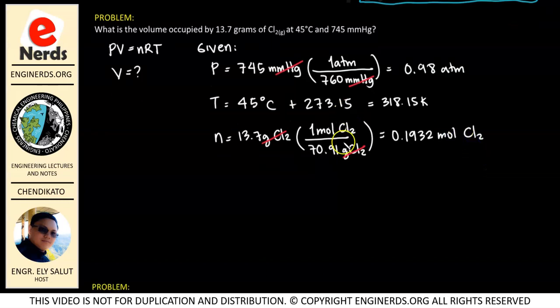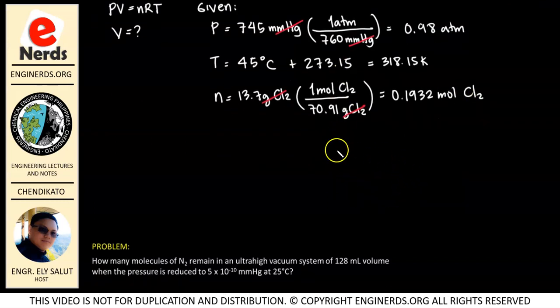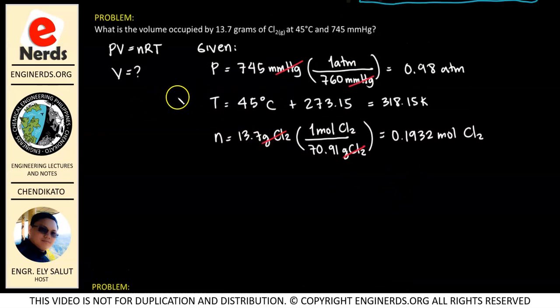Alright, so basically, lahat ng ating values na andito na, no? Lahat ng ating given. So we can now solve for our volume. So we have PV and nRT. So we can isolate our volume here by transposing our pressure sa right side ng equation. So we have V is equal to nRT over P. Okay?